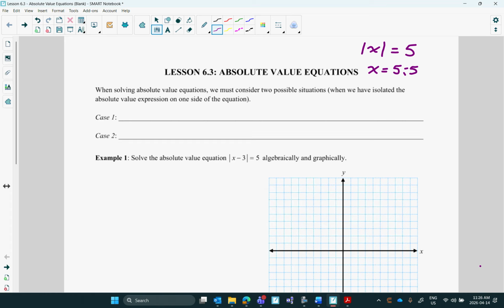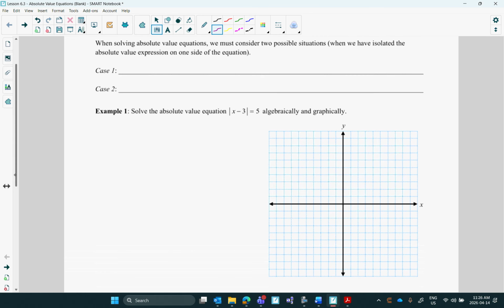What we do is we create two equations because I'm trying to find, okay, what positive value would make this 5? What negative value would make this 5? -5. So what I do, and I'll just start the first example here, because we're asked to solve it both using algebra and graphing.